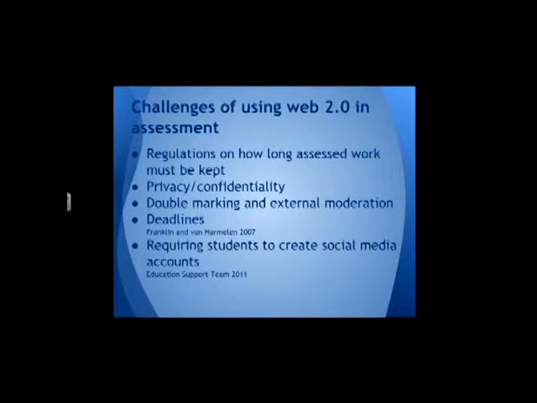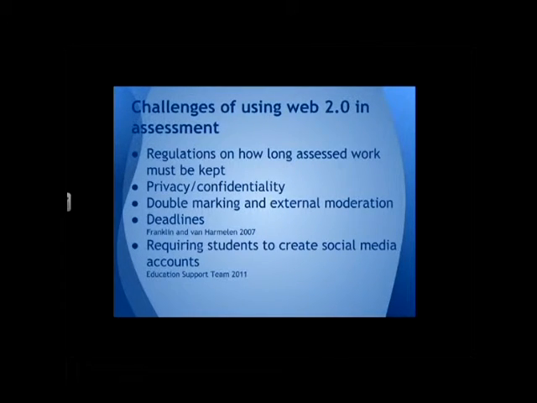Then the fact that frequently it's advantageous to keep it private, or sometimes it's even confidential. Issues around the fact that work often needs to be double marked by 2 separate people independently, and then sent off to external examiners to be moderated.